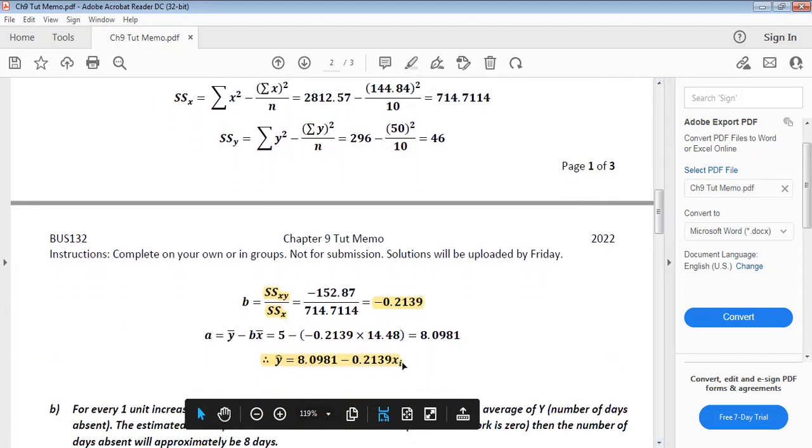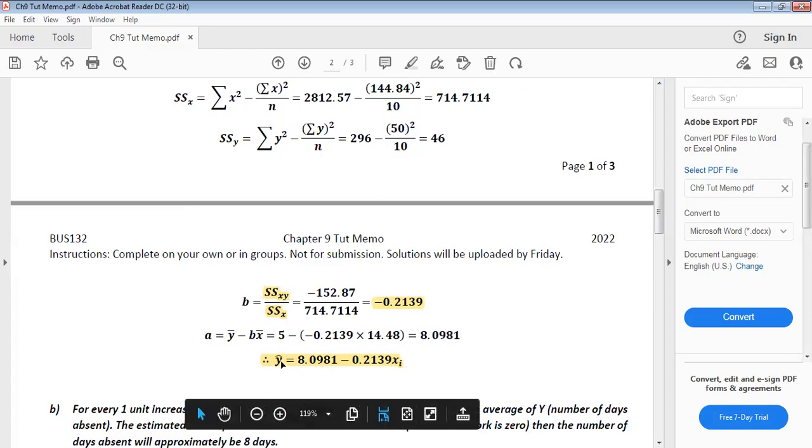If x is 1, it means that there will be a decrease of 0.2139, and that decrease is in the number of days absent.